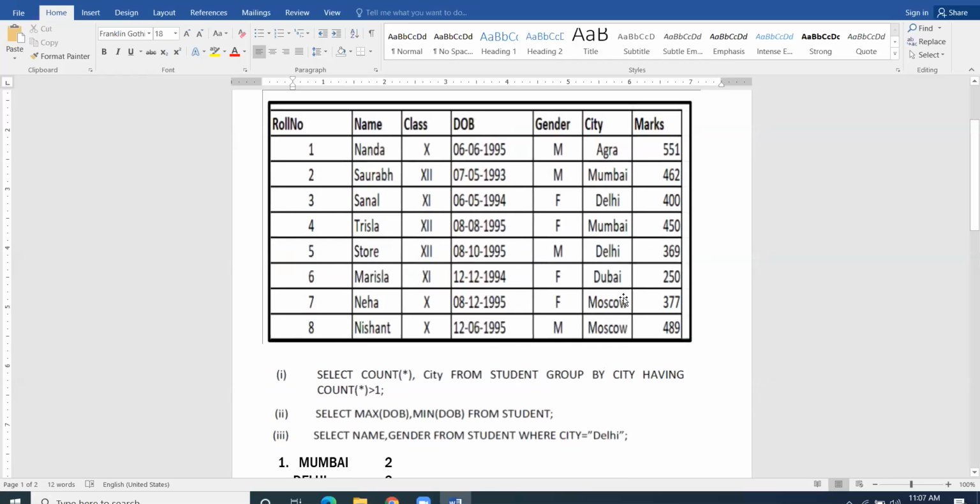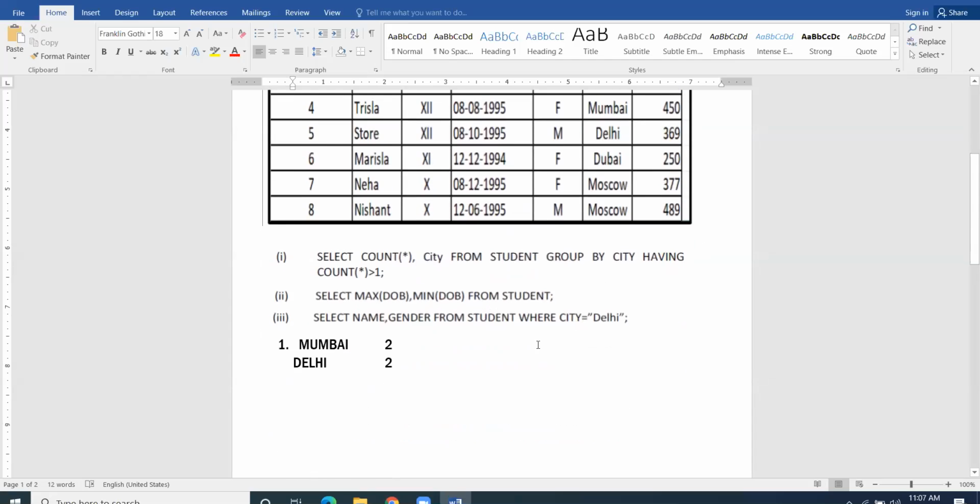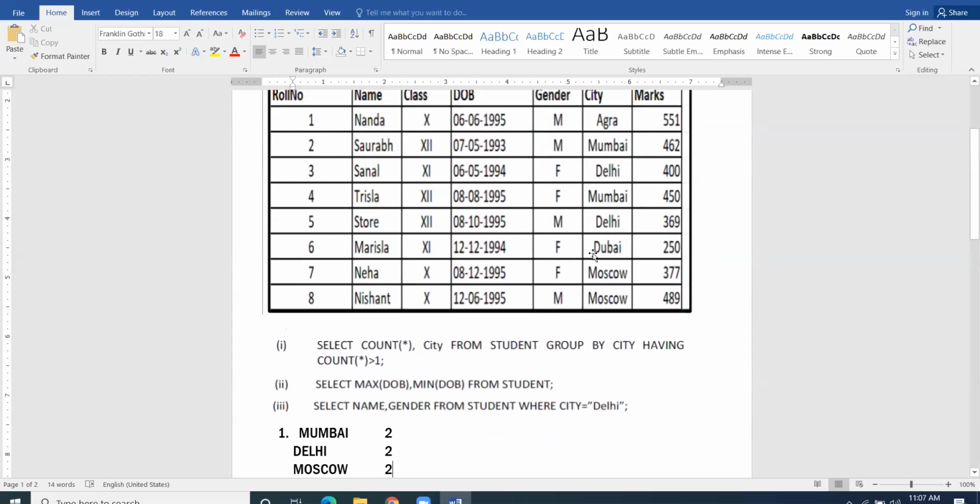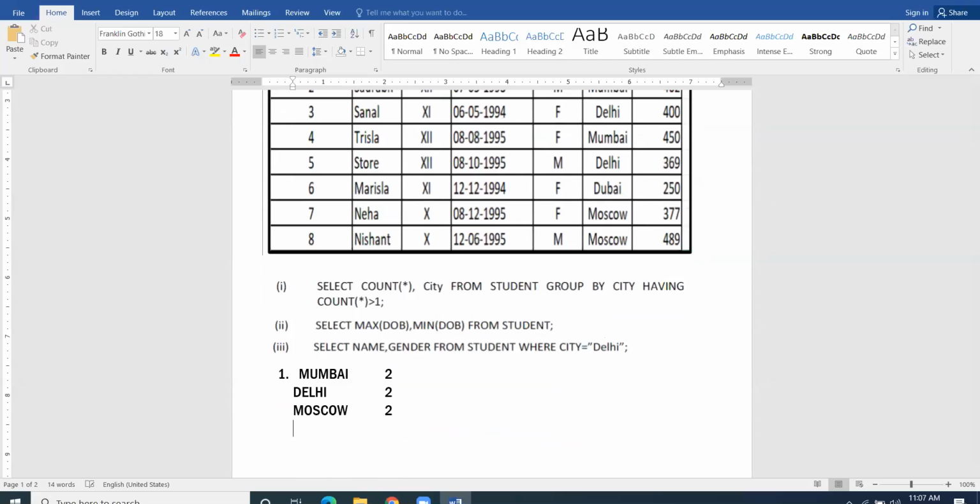Third, Moscow. Moscow is again occurring twice, so our next answer will be Moscow. The left is Dubai. Dubai is occurring only once, so we are not going to take it into consideration. So this is the first answer. Am I clear up till here?